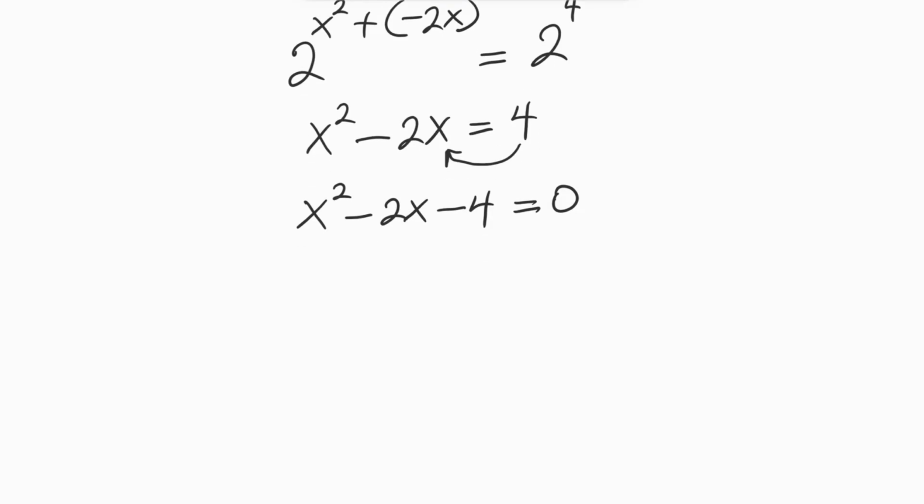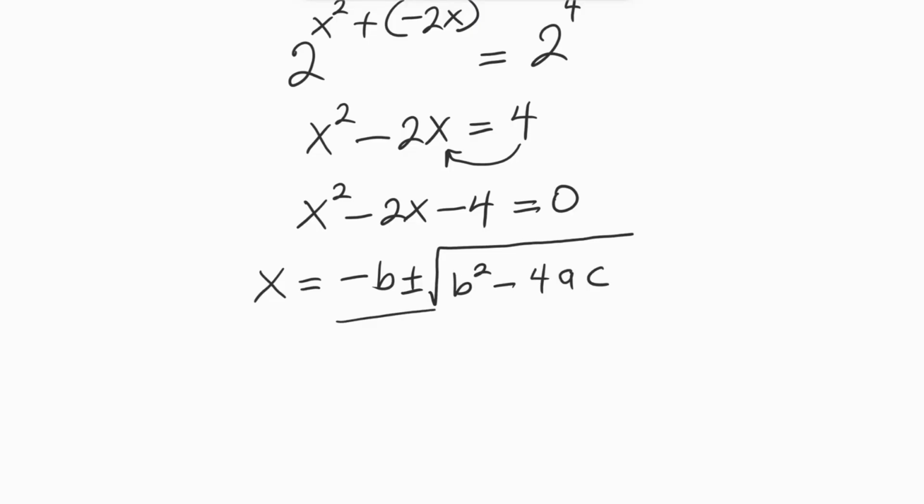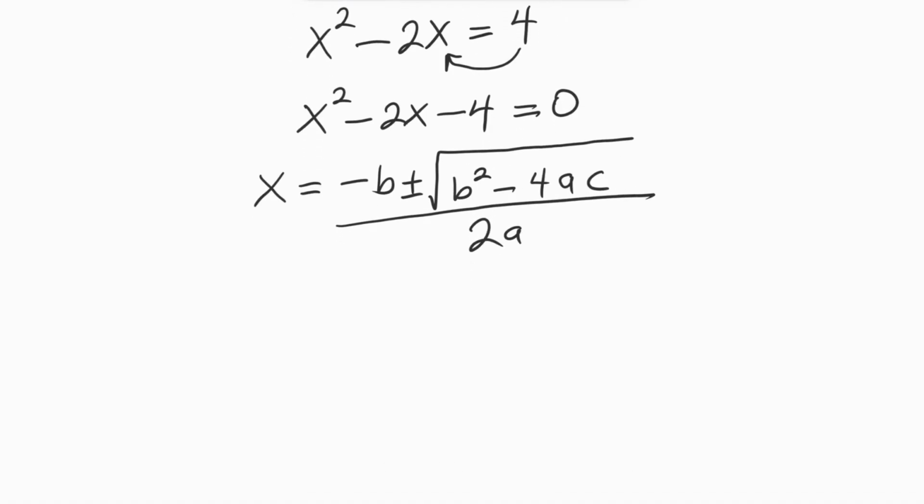So we employ our rule, our equation, that x equals minus b plus or minus the square root of b squared minus 4ac, divided by 2a. Now, from our equation, a is 1, b is minus 2, and c is minus 4.